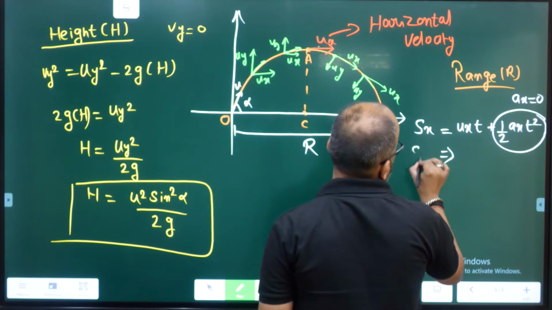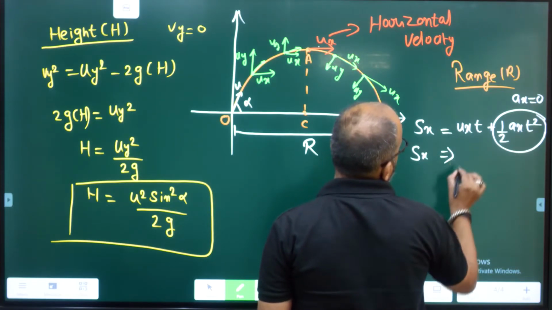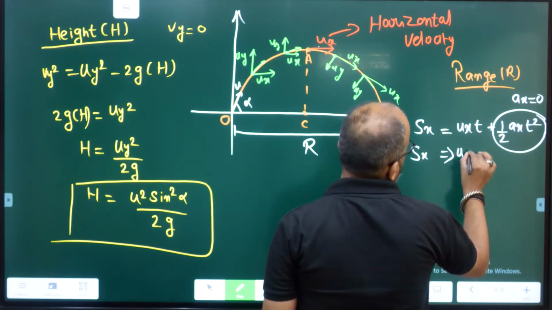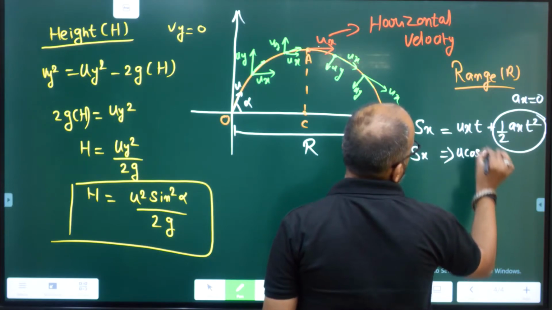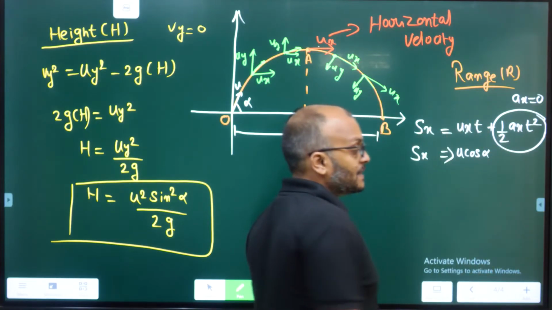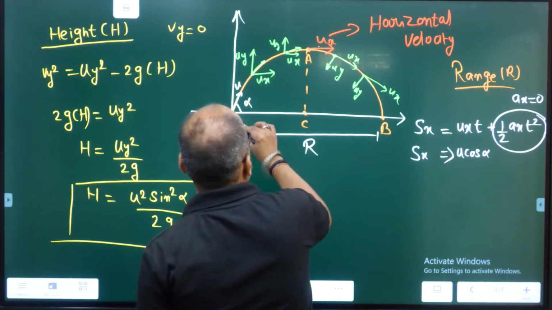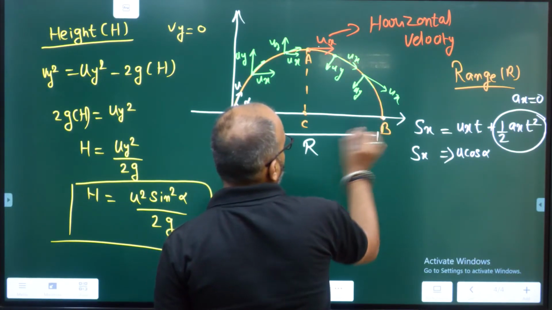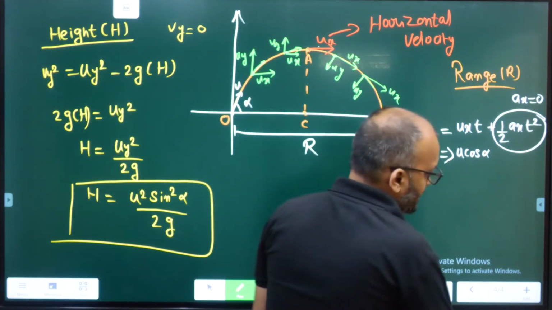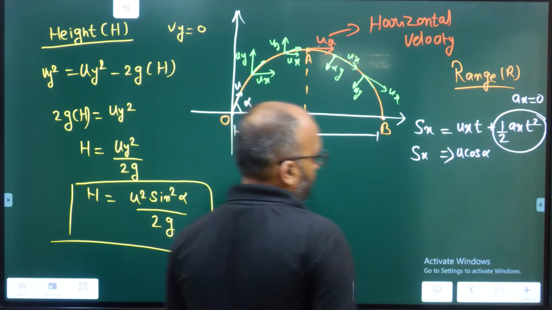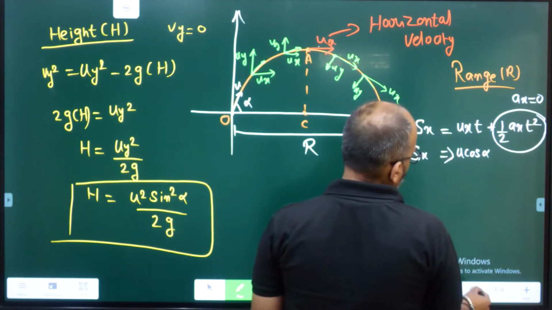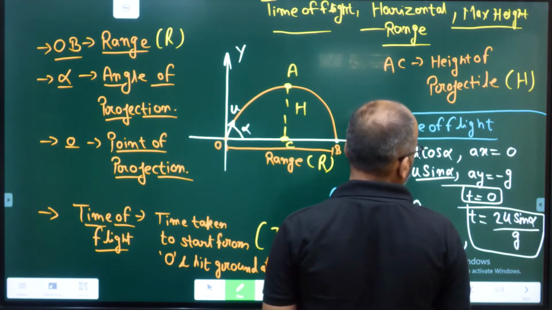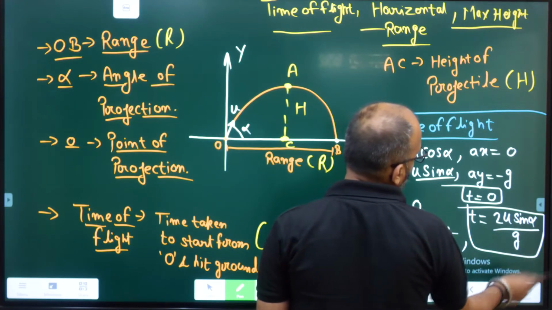Yes? What is ux? ux is u cos alpha. What is t? It is the time of flight, the entire time from O to B. That's what time of flight is. Yes or no, guys? Yes, sir. And what was the value of time of flight? 2u sin alpha upon g.